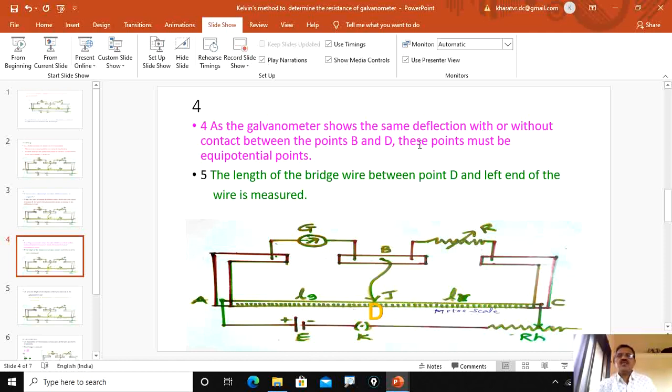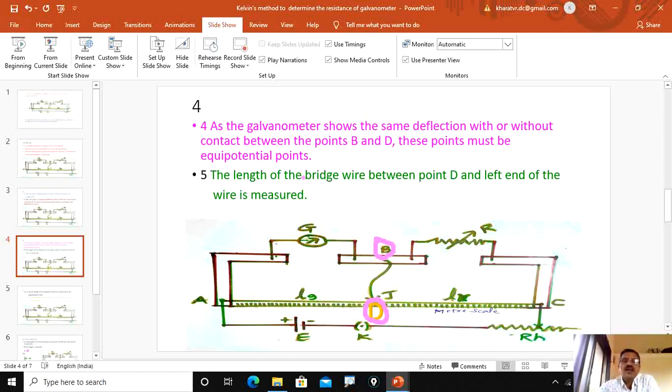As the galvanometer shows the same deflection as before, with or without contact between the points B and D, these points must be equipotential points. So point B and point D will be equipotential points, and the network, that is the bridge, will be balanced.